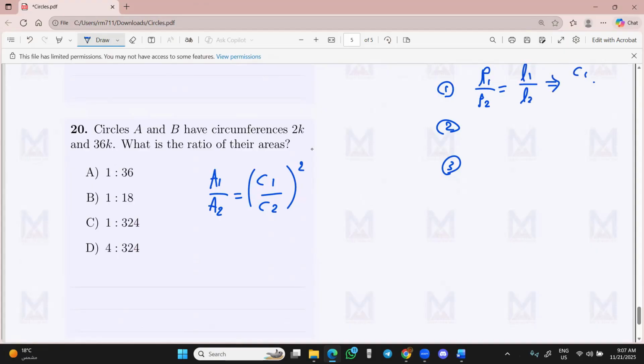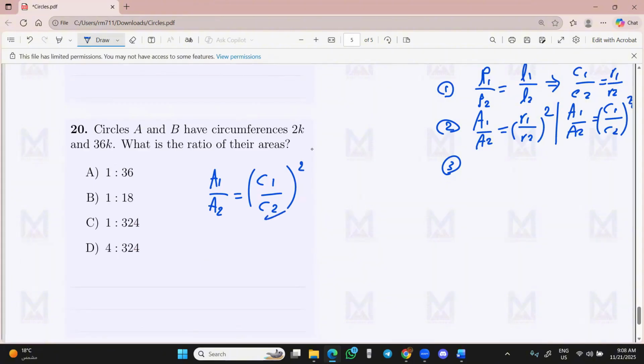I'll write the circumference 1 over circumference 2 is equal to the radius 1 over radius 2, without any squaring or anything else. But when it comes to the area, you write area 1 over area 2 is equal to the radius 1 over radius 2, but we make it squared. Or you can also consider it area 1 over area 2 is equal to circumference 1 over circumference 2, all squared, which is our formula we use right here.